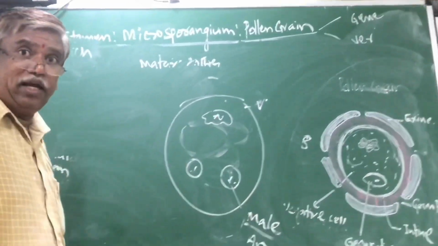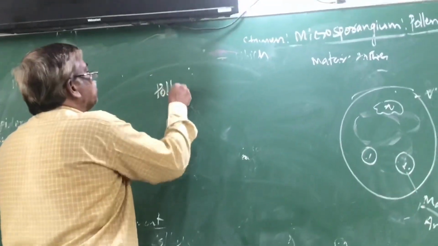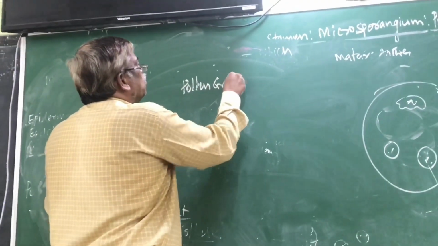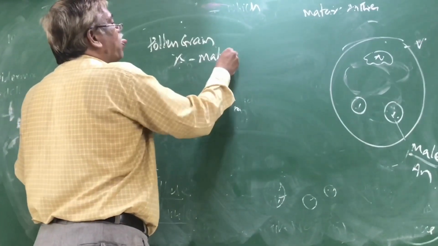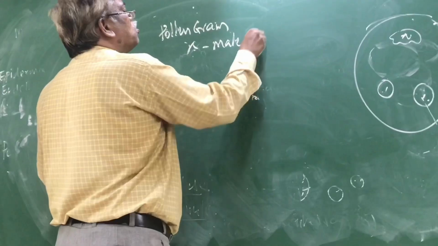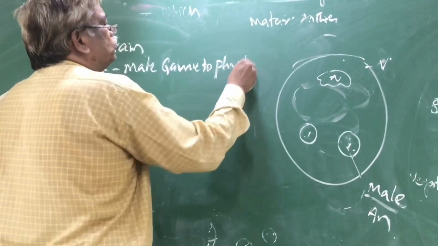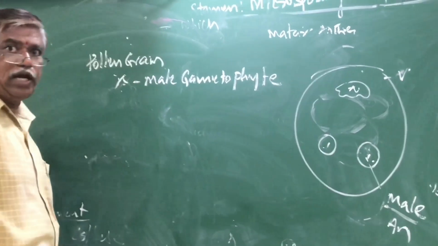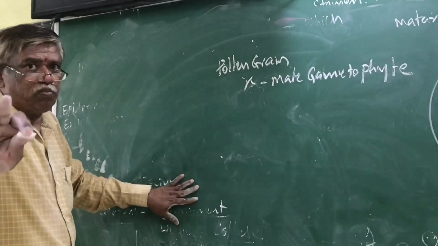Hence, this pollen grain is called the male gametophyte. Now I am going to the completion of this topic.